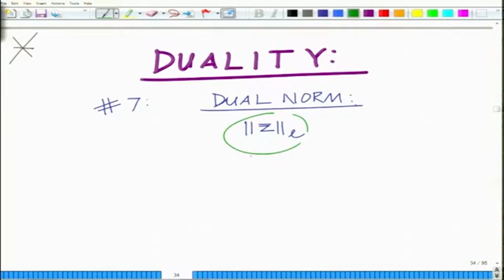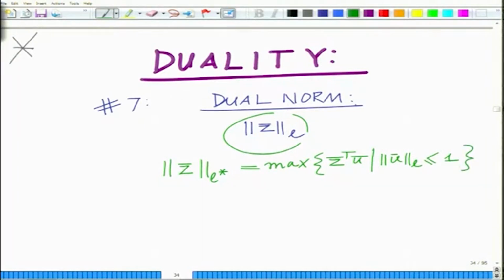Now the dual norm of this is denoted by norm Z L star, which is defined as the maximum of Z bar transpose U bar over all elements such that norm of U bar L is less than or equal to 1.